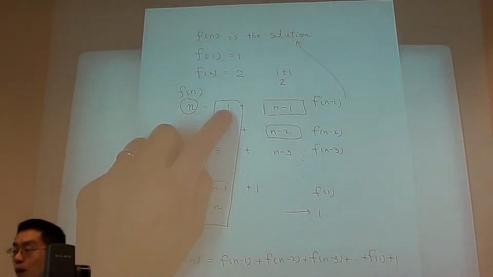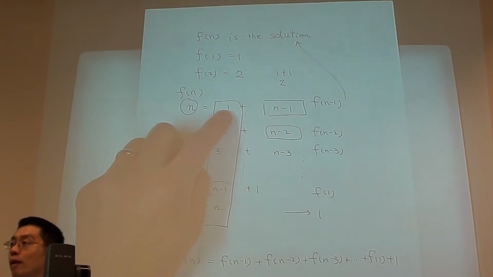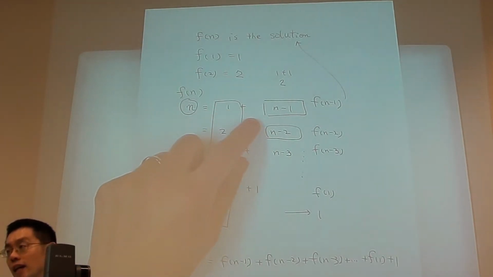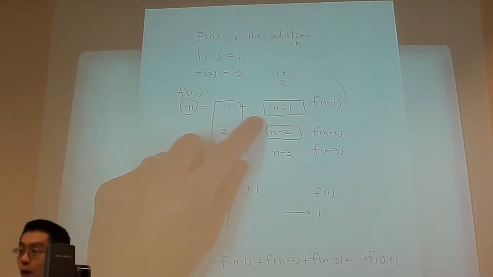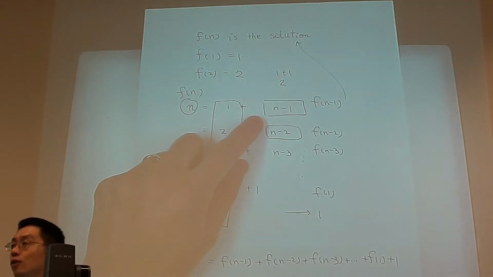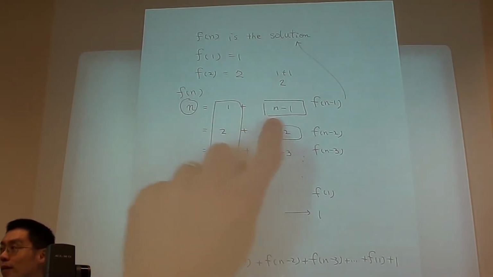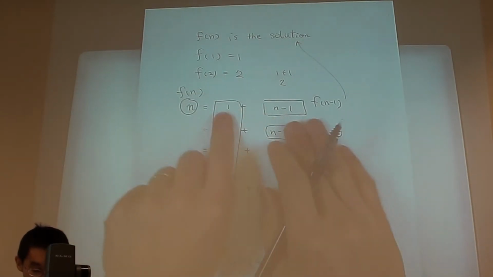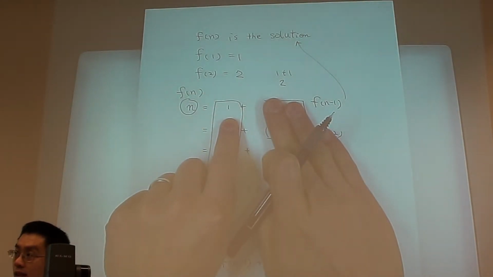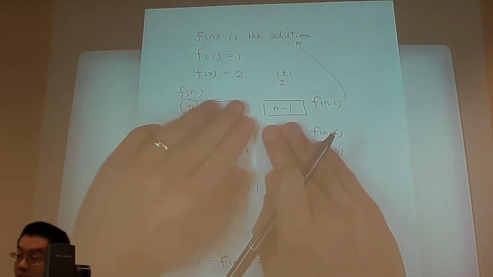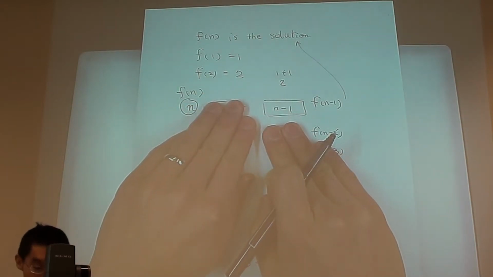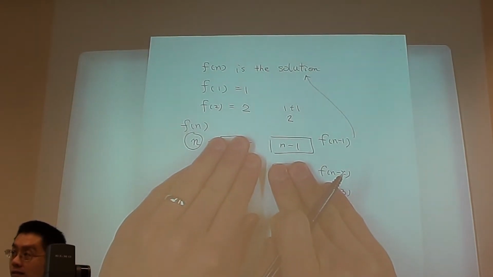If the first number is 1, now I need to worry about the remaining numbers. It can be n minus 1, it can be 1 plus n minus 2, and so on. How many ways can I partition n minus 1? So I've solved the problem by worrying about the first number. I need to worry about the remaining number. How many ways can I partition n minus 1?